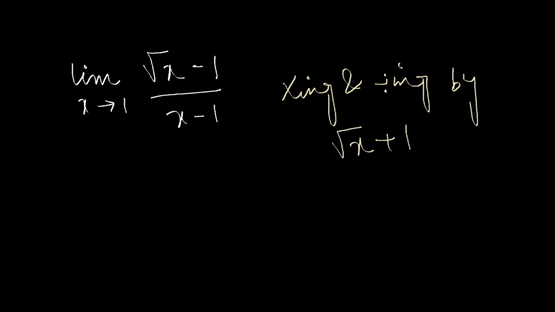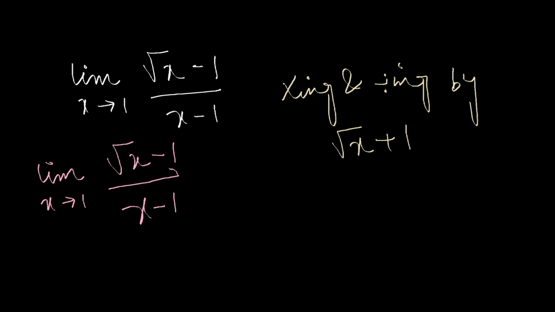So it would be equal to limit x approaches 1, under root x minus 1 divided by x minus 1, multiplied by under root x plus 1 and divided by under root x plus 1.